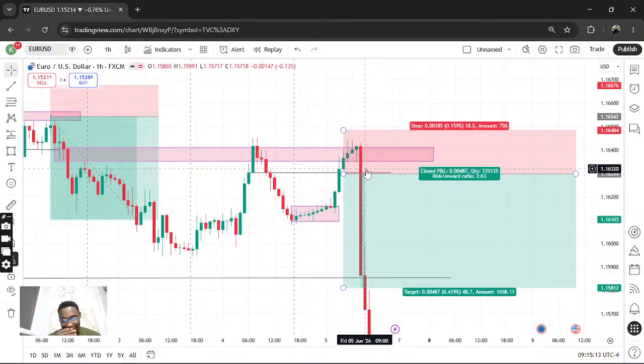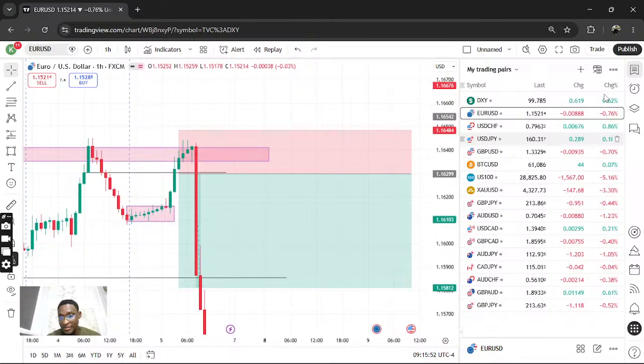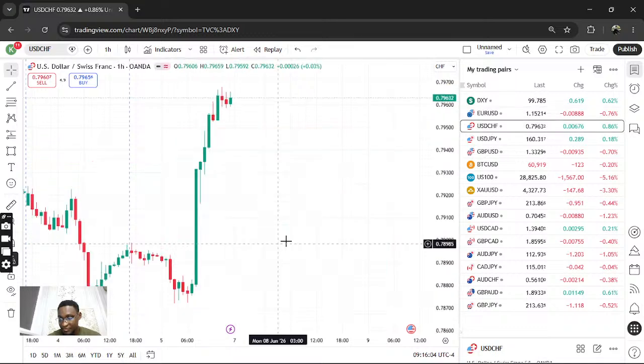Now let me show you the second instrument that I traded this week that just completed. I traded USD CHF. Now this is USD CHF.